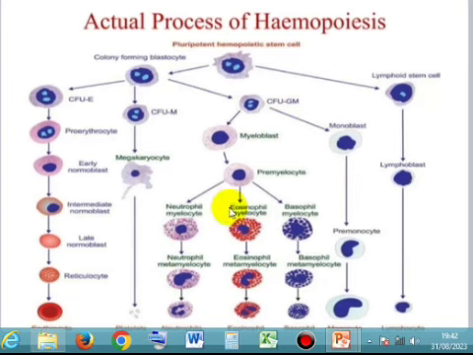Okay? All of these lead to neutrophils, eosinophils, and basophils. And then this one is monoblast, a colony-forming unit. After that. Okay.